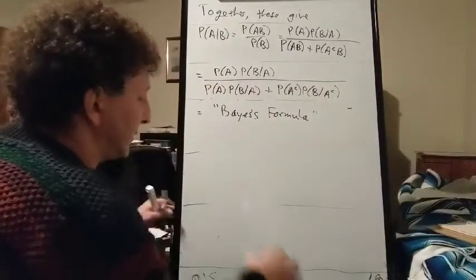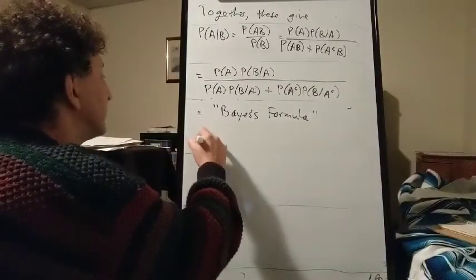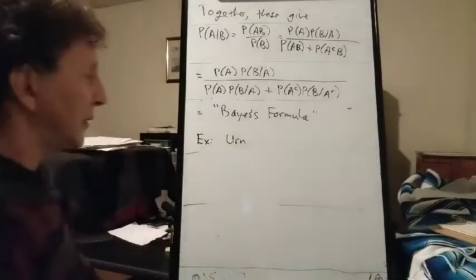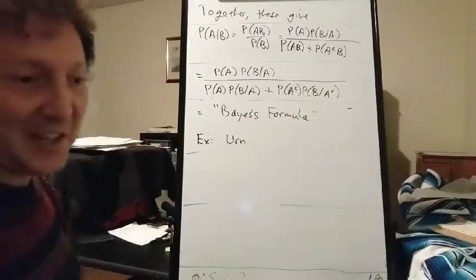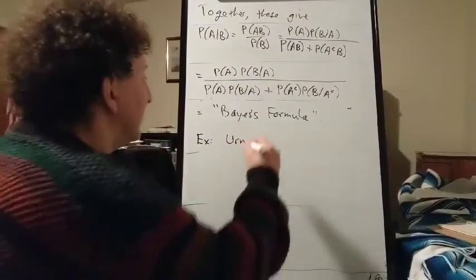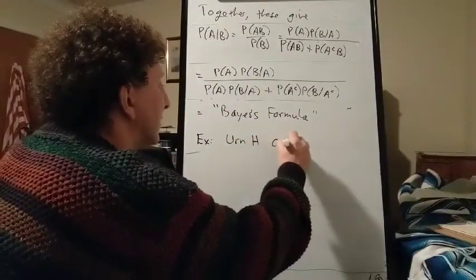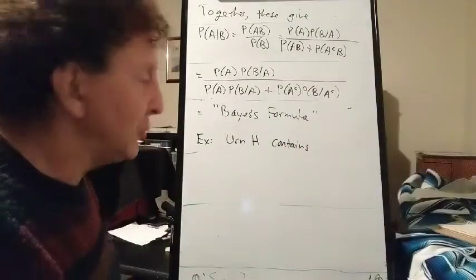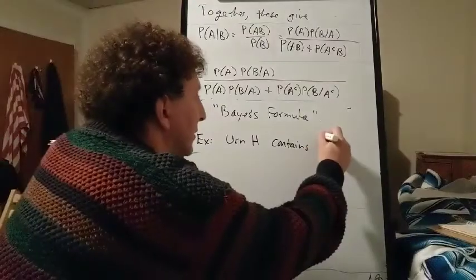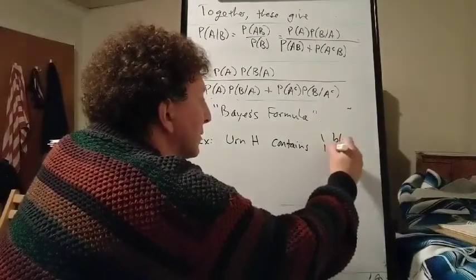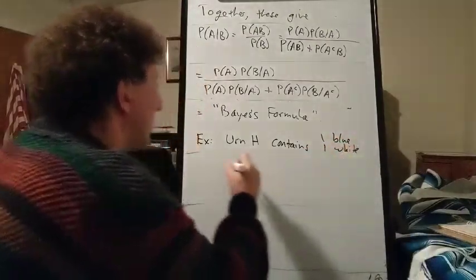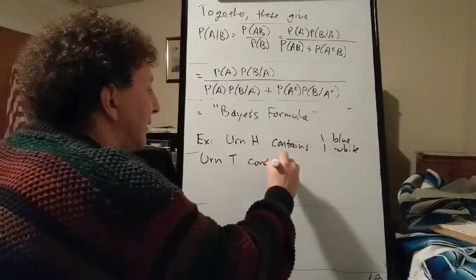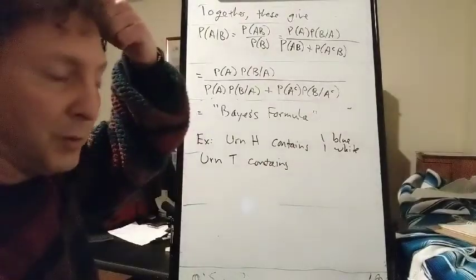All right, so let's do an example. We're going to do an example involving coins and urns containing marbles. So let's say that urn H contains one blue marble and one white marble, and urn T contains two blue and one white.